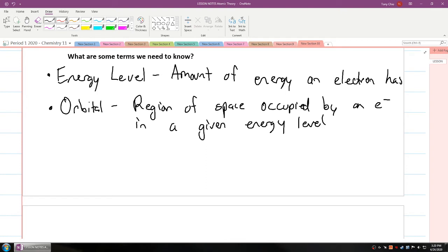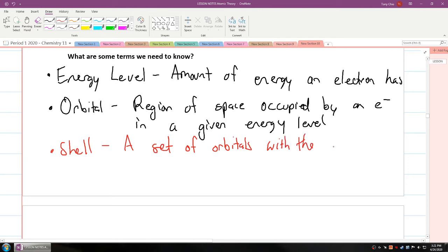Okay, but this is where it changes a bit. Shell. A shell is a set of orbitals with the same energy level, and we call this an n value. It's a specific number, for example. And the last term is called subshell.